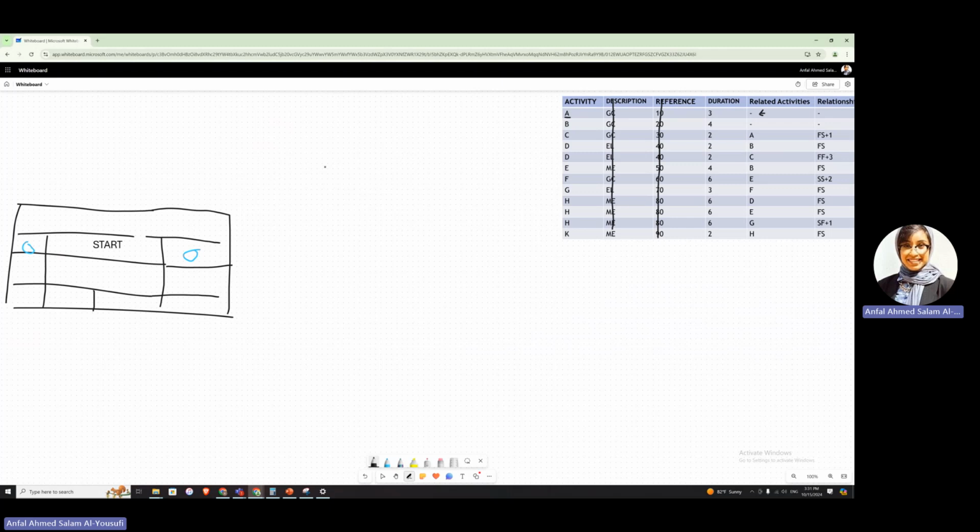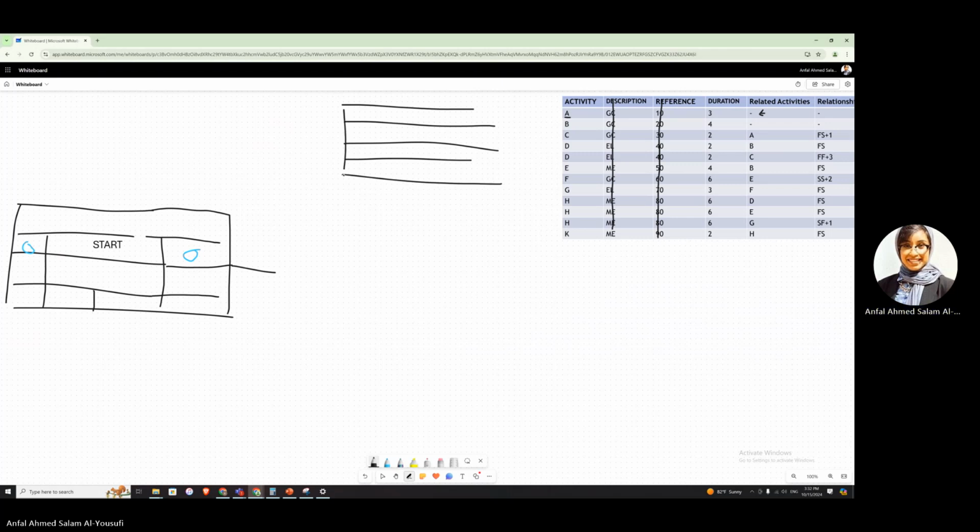If there is nothing, we know it would go from start to our A. Let's imagine our A is somewhere in here. So this would be our A, and it goes from start towards our A.